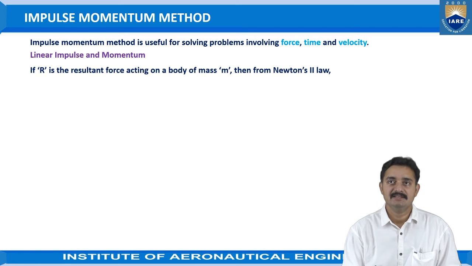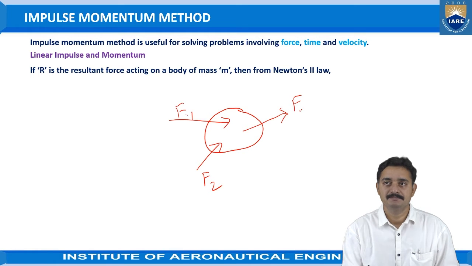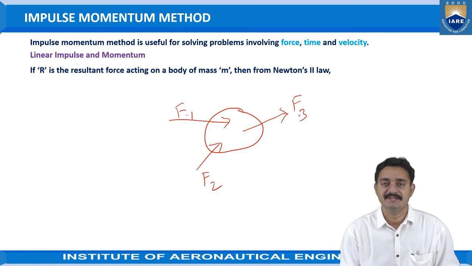Let us consider there is a body on which a number of forces are acting in different directions. Let us say this is force 1 and this is force 2 and this is force 3. And these forces are acting in different directions and at different places.